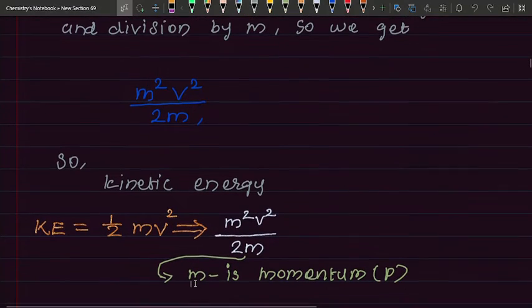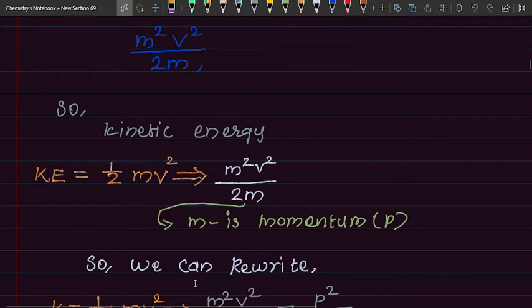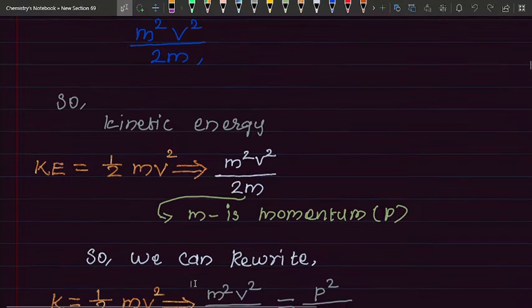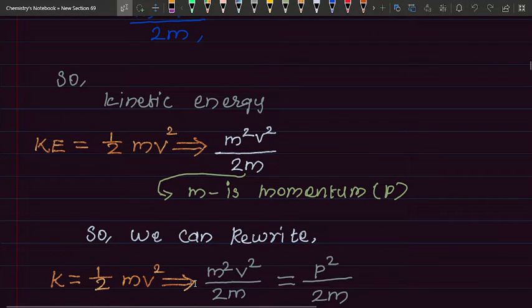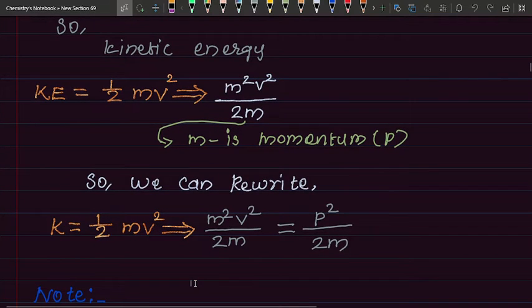So kinetic energy Ke equals half mv square, which gives m square v square divided by 2m. Here mv is the momentum P. So we can rewrite the formula K equals m square v square divided by 2m, equal to p square by 2m.